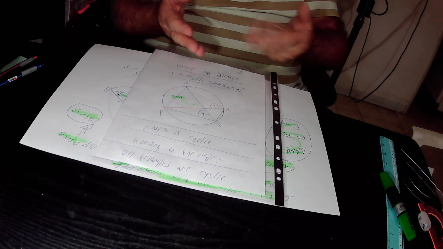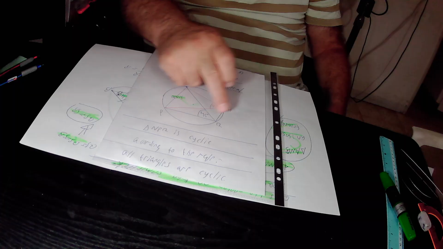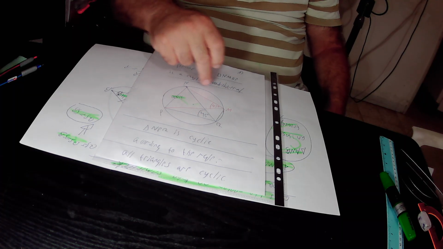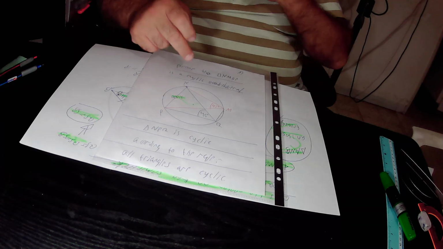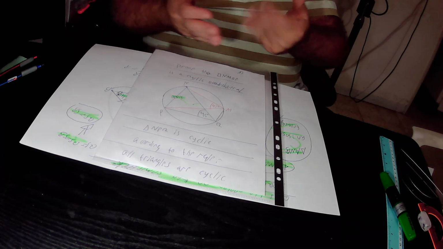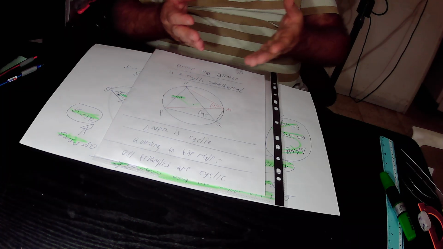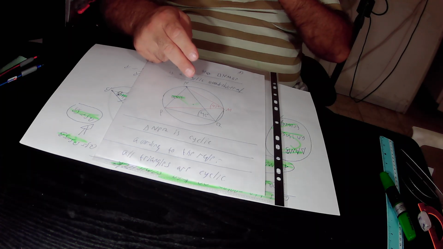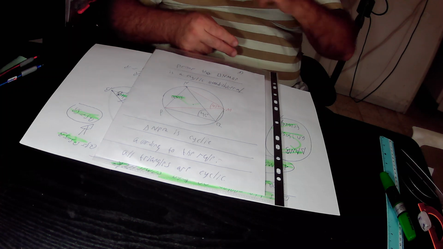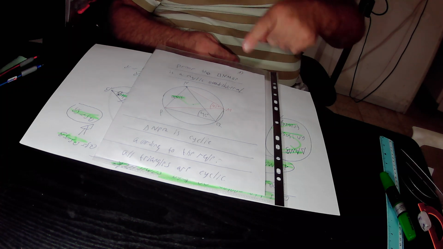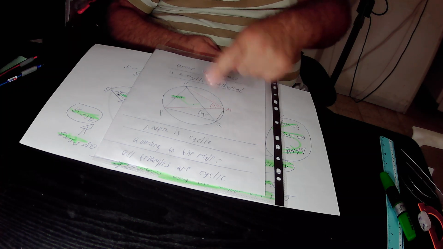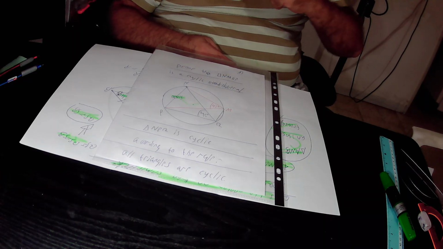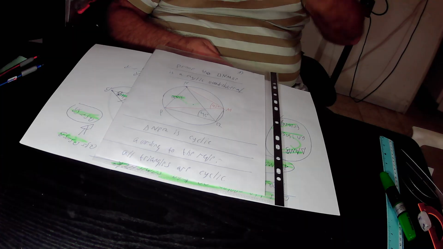So we actually prove that quadrilateral NMQP is a cyclic quadrilateral. You can see that quadrilateral NMQP is enclosed by the circle according to my construction. So in this way, I prove that quadrilateral NMQP is a cyclic quadrilateral. That is to say, all of its 4 vertices lie on this circle.